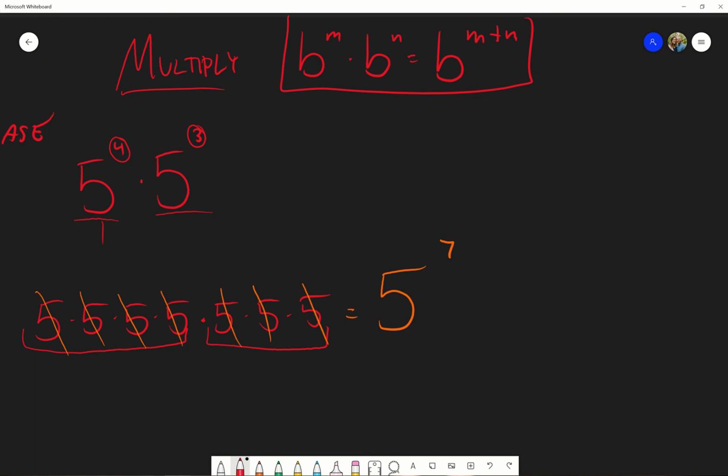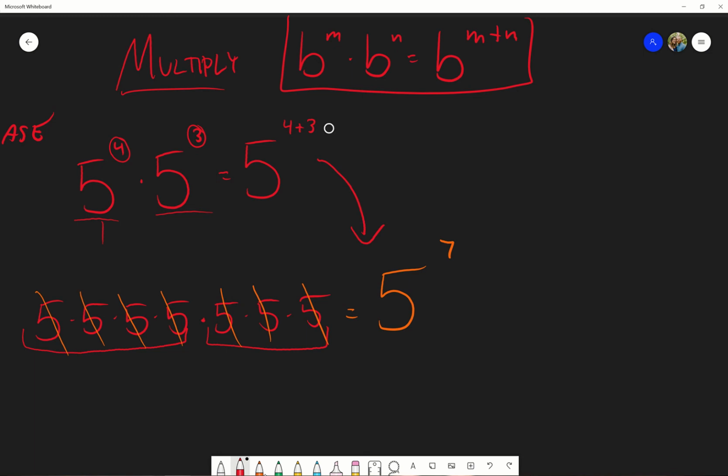Now, if you look back up here, this would be 5 to the power of 4 plus 3, and 4 plus 3 is 7. So both answers get us to 5 to the power of 7. So that's why this multiplication works. It works as long as the base is the same; then you add the exponents.